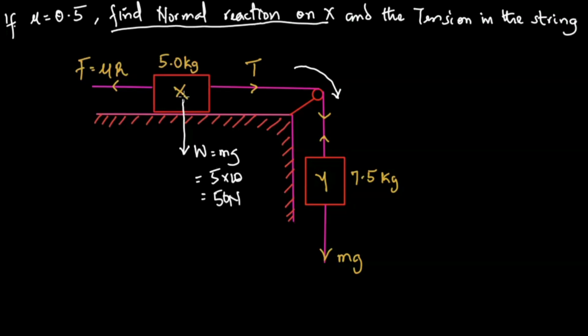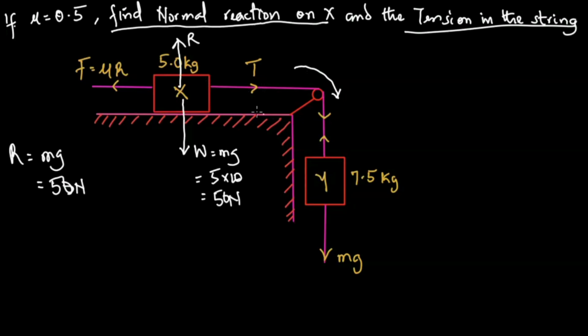Whenever we have a weight acting downward and a body resting on the plane, it will have a normal reaction which acts directly opposite and equal to the weight. So the normal reaction will simply be mg, the mass times the acceleration due to gravity, which is 50 Newton.